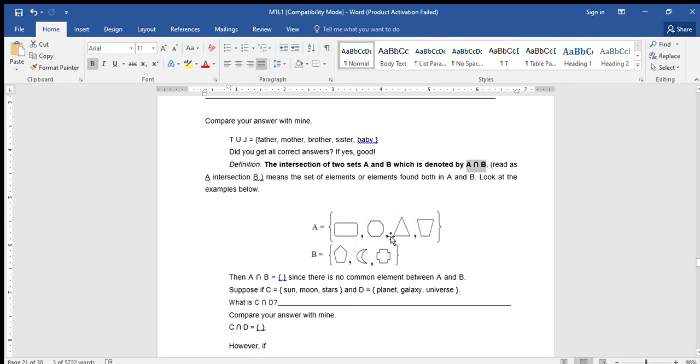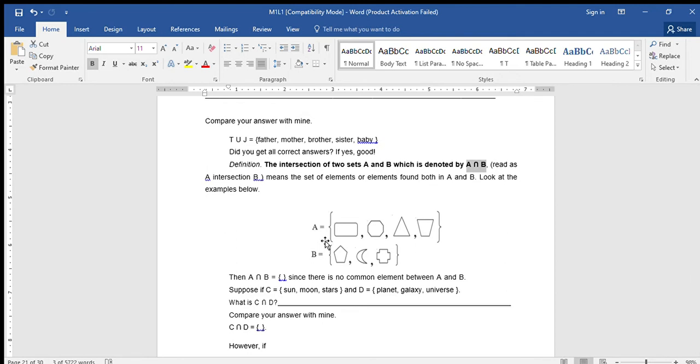So we have here, kumunta na intersection, ang elements nga naa sa A nga naapod kang B. Ang mga elements ni A kay kini, ang mga elements ni B kay kini. So, what is A intersection B? Intersection na ta.